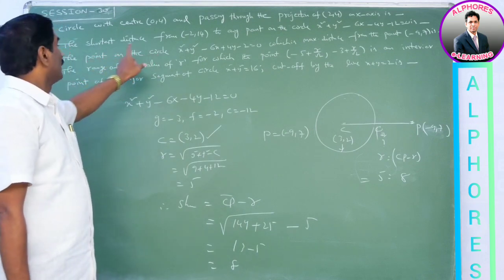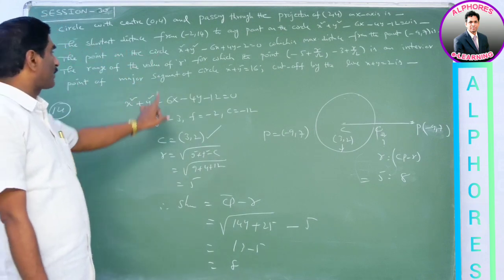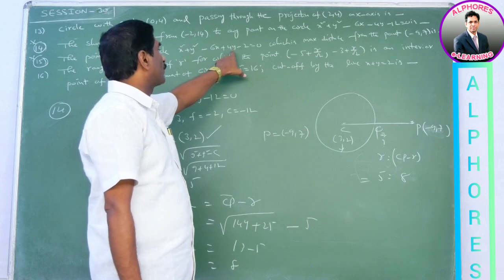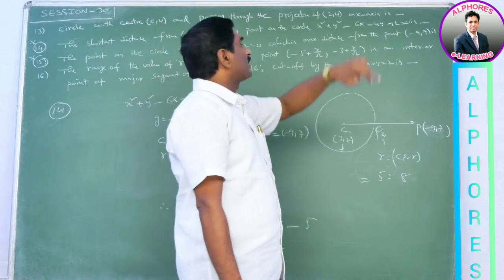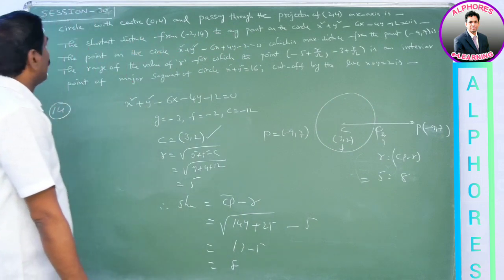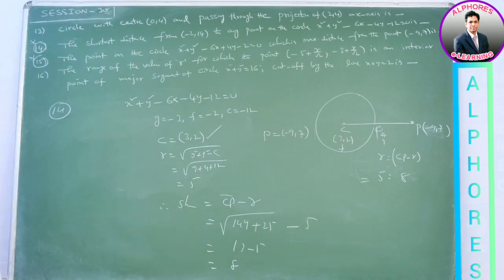Next problem. The point on the circle x square plus y square minus 6x plus 4y minus 2 is equal to 0, which is maximum distance from the point minus 9 comma 7. Okay.